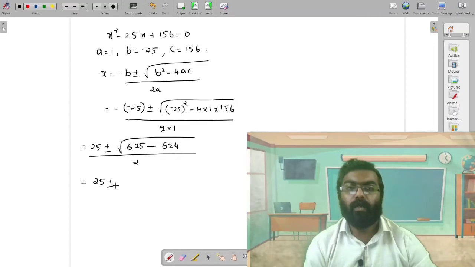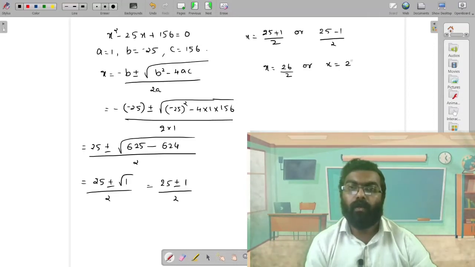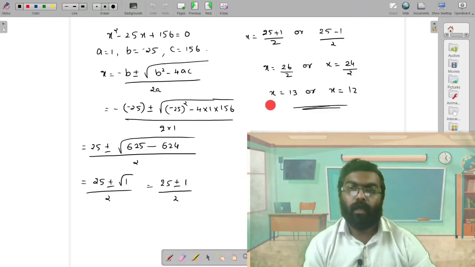That is 25 plus or minus root 1 by 2, and we can write 25 plus or minus 1 by 2. That is 25 plus 1 by 2 or 25 minus 1 by 2. So x equal to 26 by 2, or x equal to 24 by 2. That is x equal to 13 or x equal to 12. So here we got two values, x equal to 13 and x equal to 12.